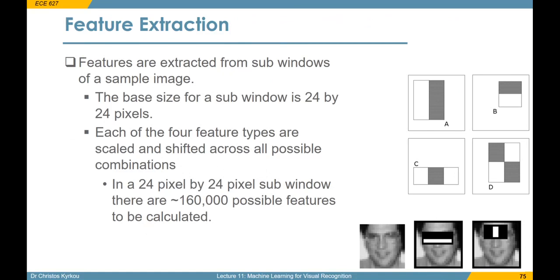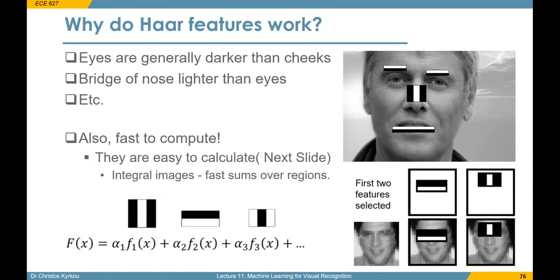In their paper, these features were applied on an area of 24 by 24. This was the data set that they had, faces of size 24 by 24, and the features can appear at different scales and at different locations within that area. In total, there were around 160,000 possible features that could be selected as weak learners. The reason they worked well, especially for faces, is that they were able to capture some general characteristics of faces.